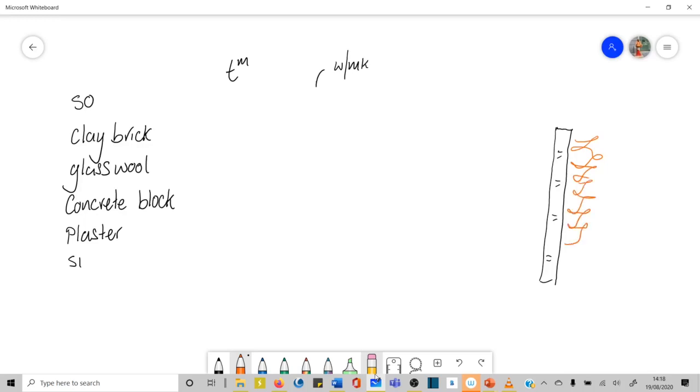Wonderful. Right, so then we're going to have concrete block, big sturdy concrete block.